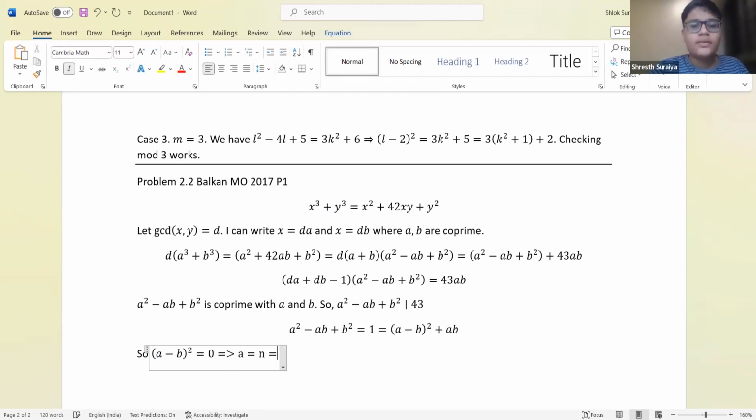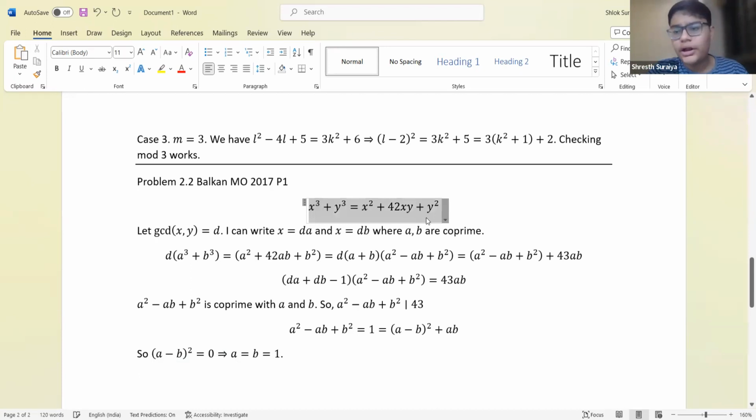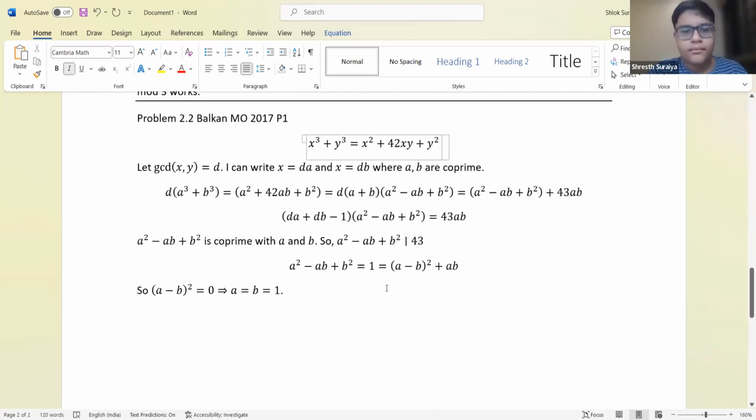So a equals b, and both equal 1. If a equals b, then x equals y. If we put x equal to y in this equation, we get both are 22, because they can't be 0. So 0, 0 is not possible; 22, 22 is a solution.